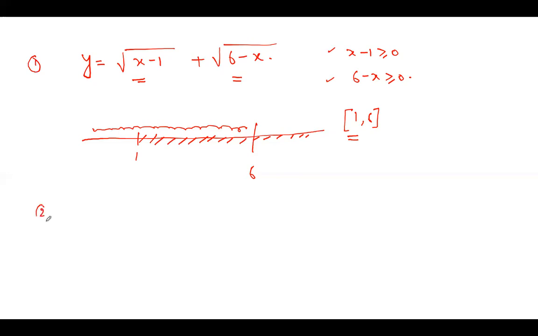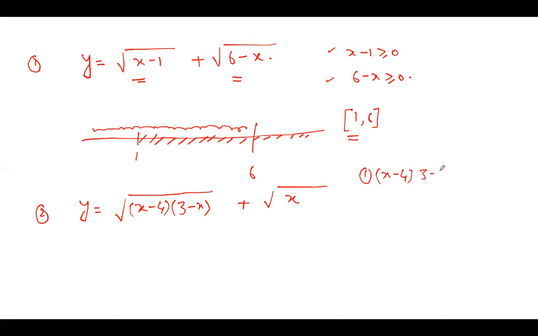Second case, like y equals under root of (x - 4)(3 - x) plus under root of x, right? So we know that from the first, again, (x - 4)(3 - x) must be greater than or equal to 0.